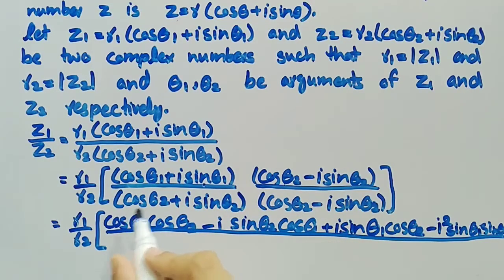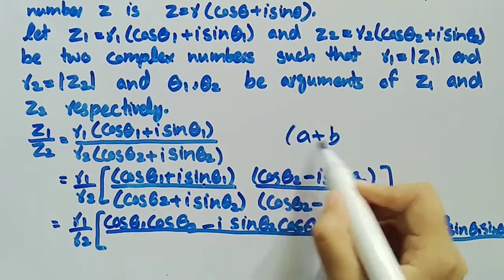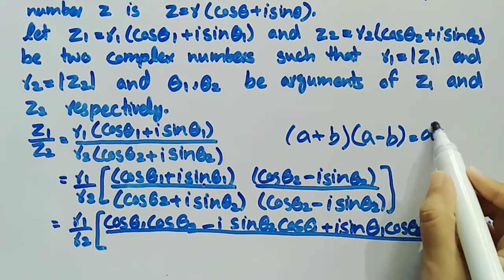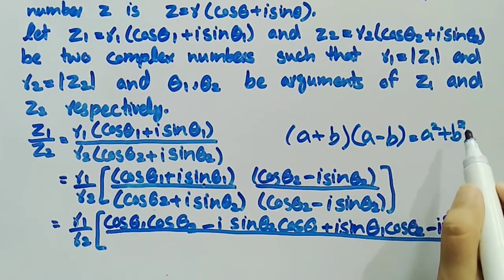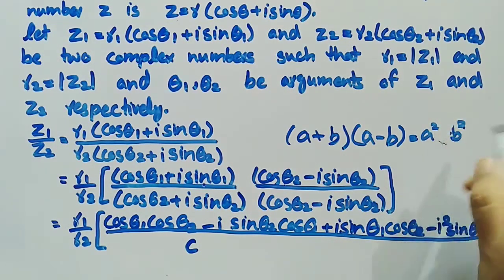we know that if we consider cos theta 2 as a and iota sin theta 2 as b, so these two terms are the formula of a plus b, a minus b, which is equal to a square minus b square.